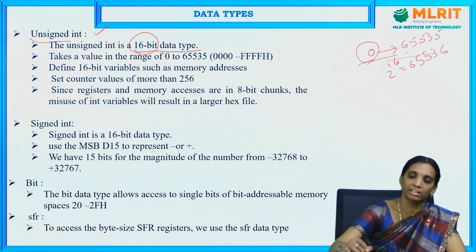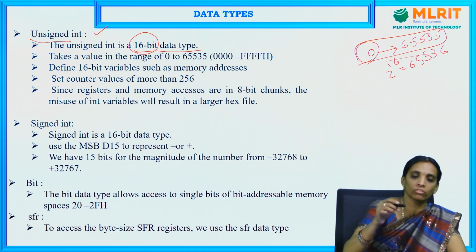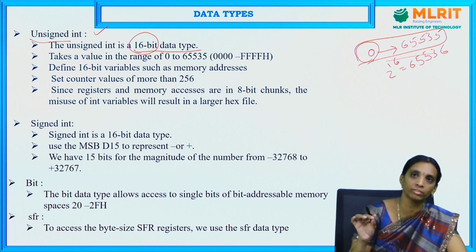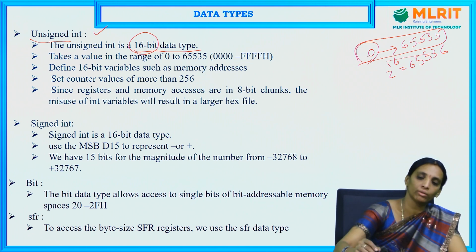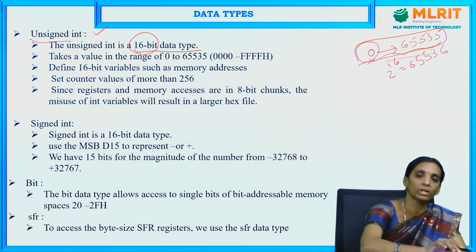So a variable declared as unsigned int is an integer variable that takes a value from 0 to 65,535. Any value in between can be assigned to this unsigned int variable.